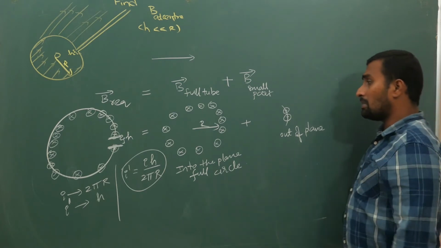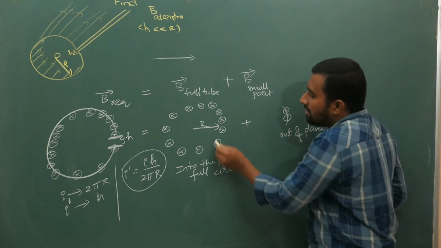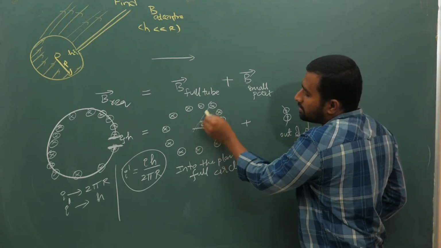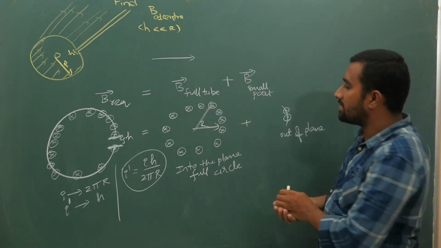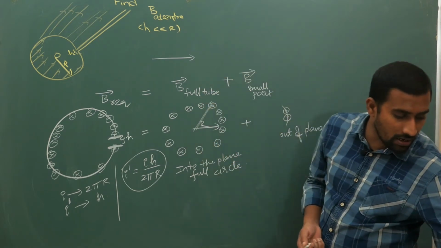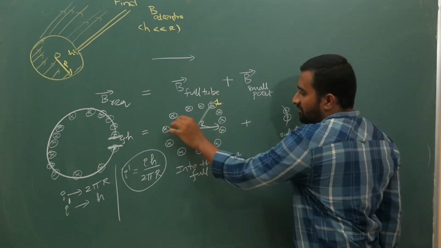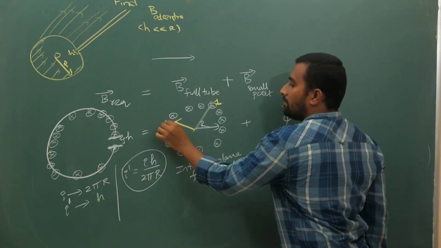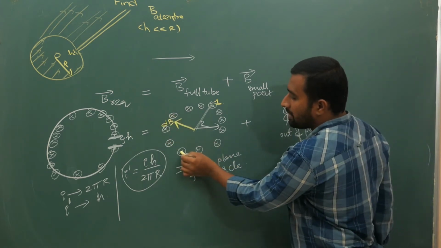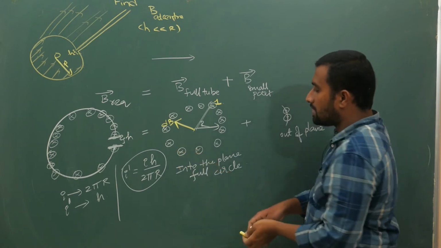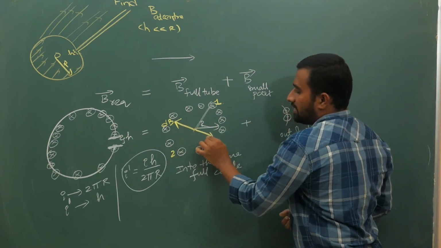Now because of the full tube, if you consider this portion of wire, it will send out current like this. If you take some small part here, because of this your small magnetic field dB will be like this. Now an exactly identical part if you take it here, because of this part also current will be into the plane, so it will be like this.